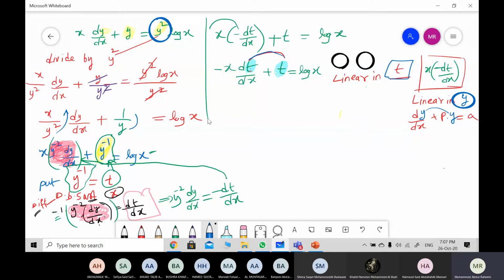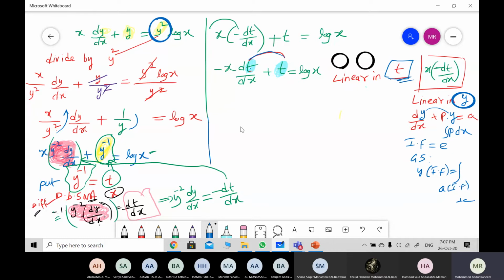But okay, if you are confused with that, why like this? No need to confuse anything, it is very easy. What is IF here? What is the general solution for linear in y? Plus C. Okay.